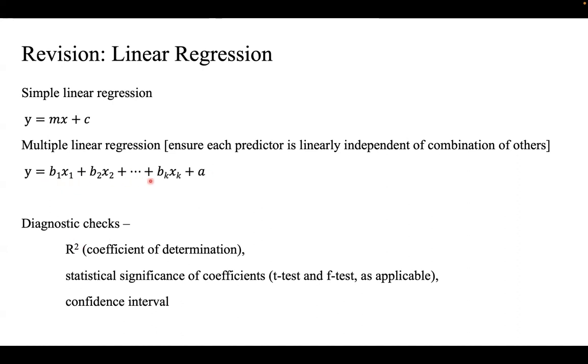So all these coefficients of the independent variables, b1, b2 until bk. So we know that for some of these we need to perform a t-test, and for the others it has to be an f-test. And additionally, we can also find the confidence interval for the 95% or whatever percentage confidence interval for each of these coefficients. So this was just a revision.